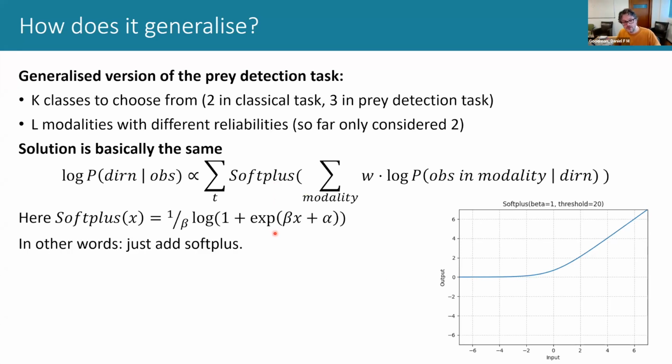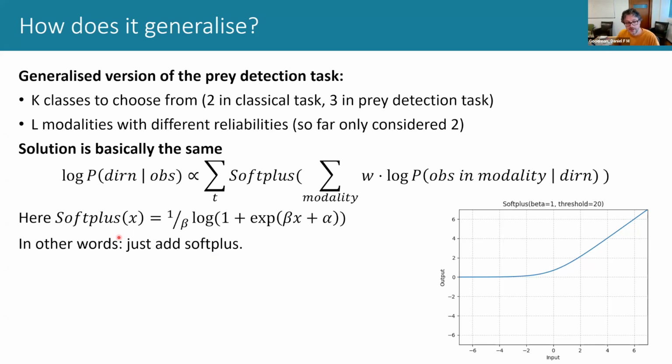All we have to do to get this generalization to K classes, L modalities, with the same sort of graphical model setup is to add this softplus function in, which is quite nice. We just have to add one little nonlinearity, softplus, and we get a whole bunch of nice extra performance in a much wider class of problems.